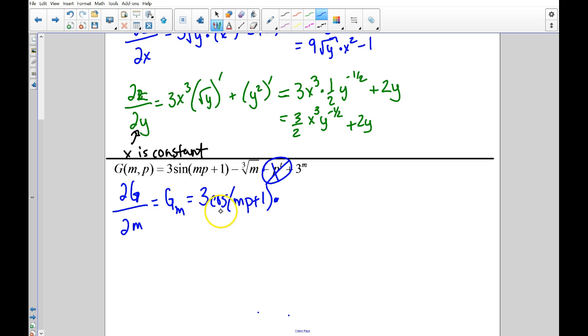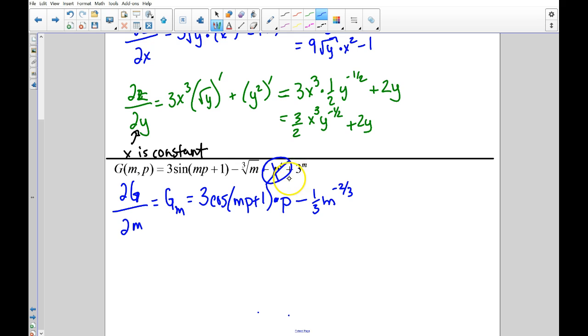So that was the derivative of the outer, times the derivative of the inner. p is a constant here, and that's a coefficient of m, so I would have p as the derivative of the inside part, because the 1 would just differentiate to 0, and then p is a constant. Minus, I'll let you show this one, but by the power rule, this is going to be minus 1/3 m to the minus 2/3.